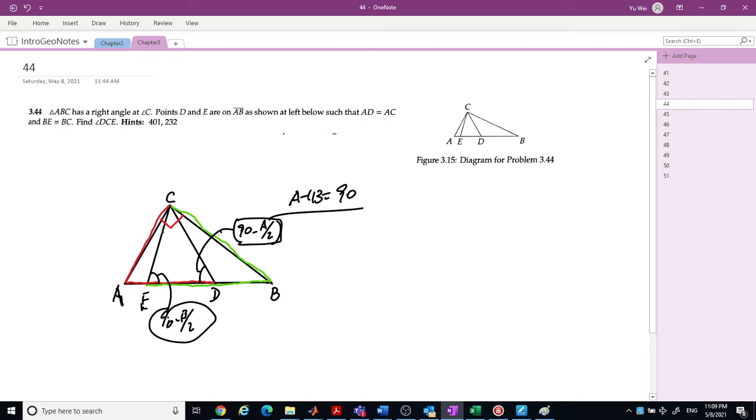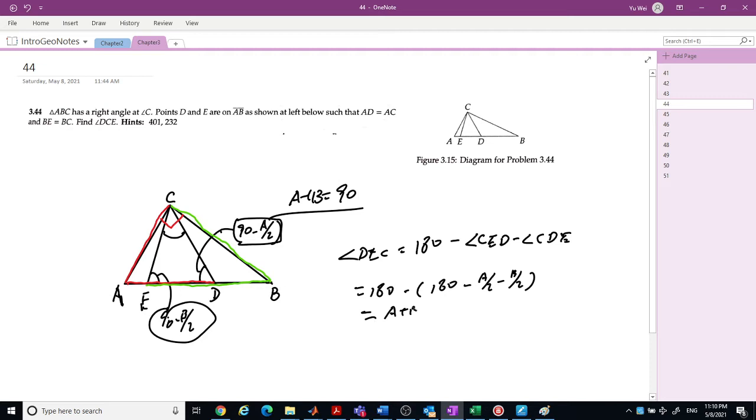Once we have this, we want to solve the angle DEC. So angle DEC equals 180 minus angle CED minus angle CDE, which is A plus B over 2. What do we have here? 90, so it's 45. That's it. Next.